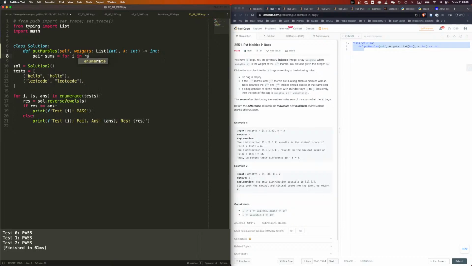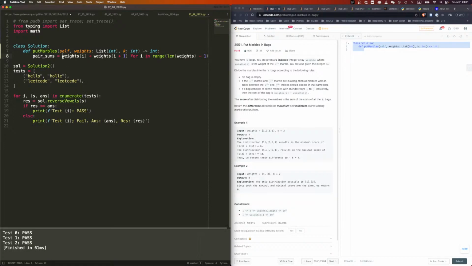For i in range len(weights) minus 1, because it's consecutive, we do weights[i] plus weights[i+1]. Okay, so these are the consecutives.